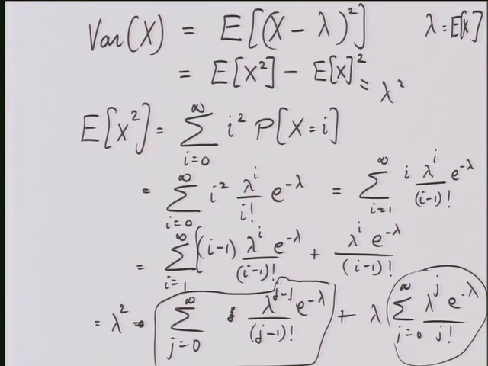So this would be j equal to 1, 2. Okay, so if you work it out, these both will end up being 1. And you'll get lambda squared plus lambda. So the expected value of x squared is lambda squared plus lambda.